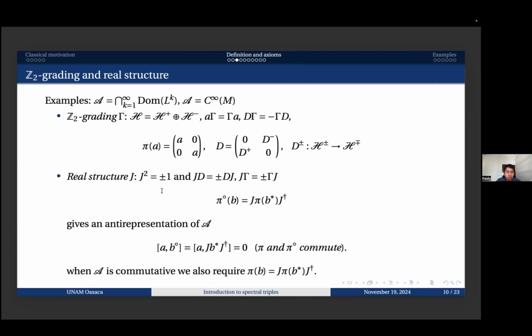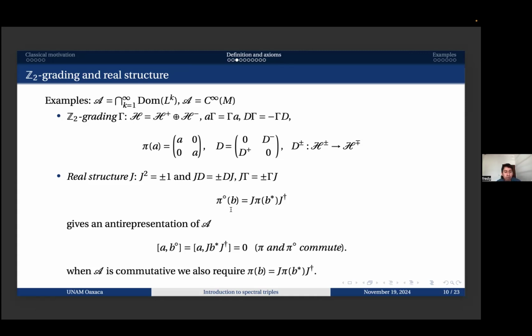So what are the conditions for the real structure? We have that J squared should be plus or minus the identity. This J has to commute or anticommute with the Dirac operator, and the same with the grading gamma.